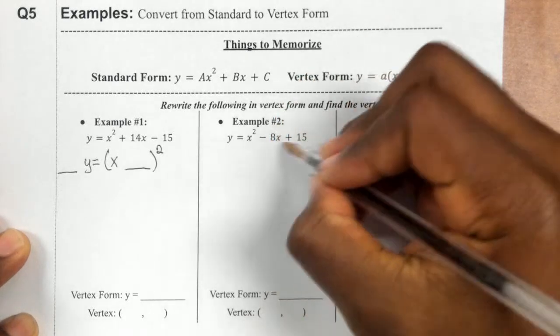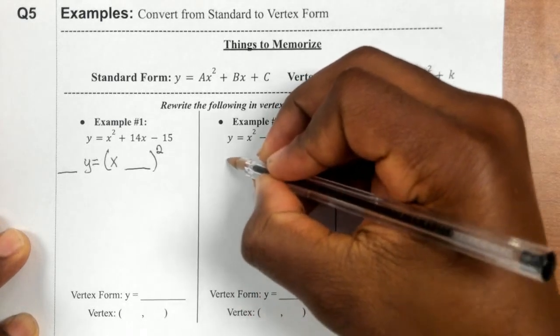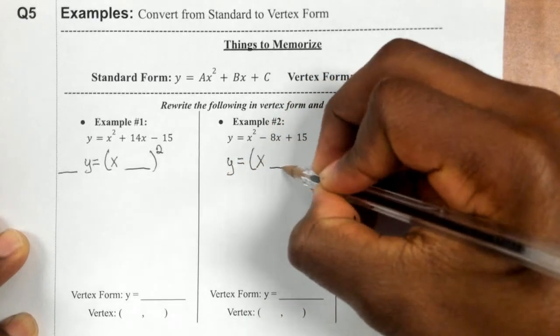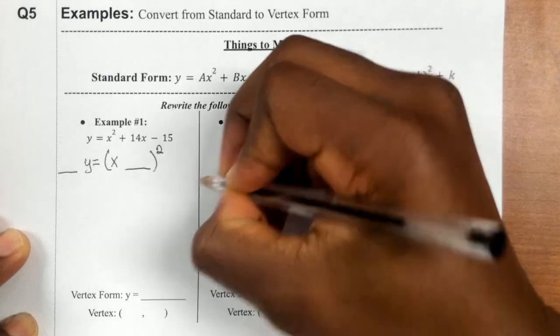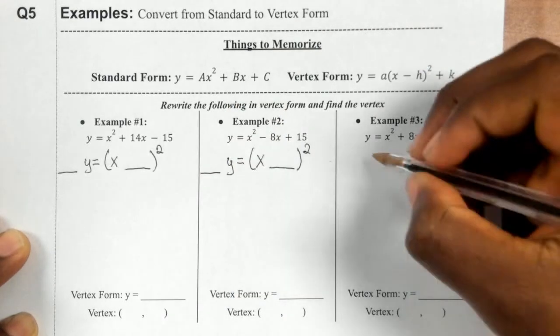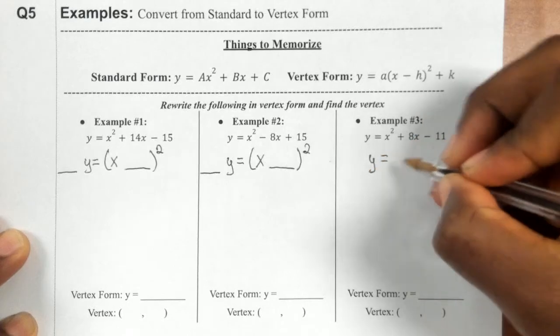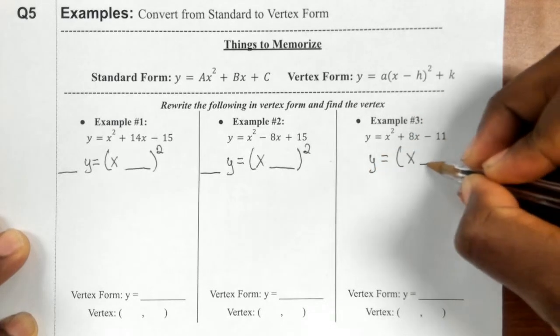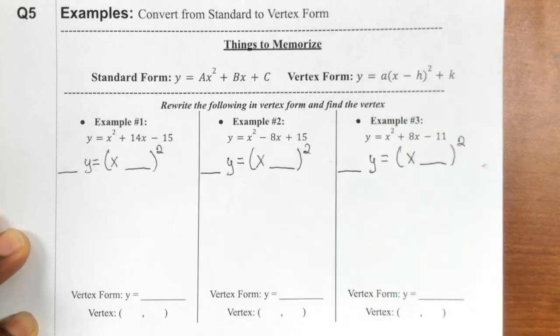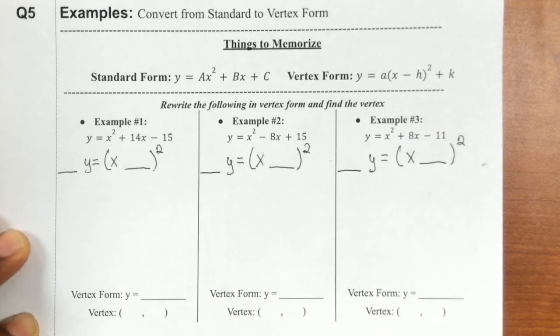So for this next question, we can have that same setup: y equals parentheses x, some number, parentheses squared, some number. And the same for the next question. Now we're going to figure out how to utilize this setup.